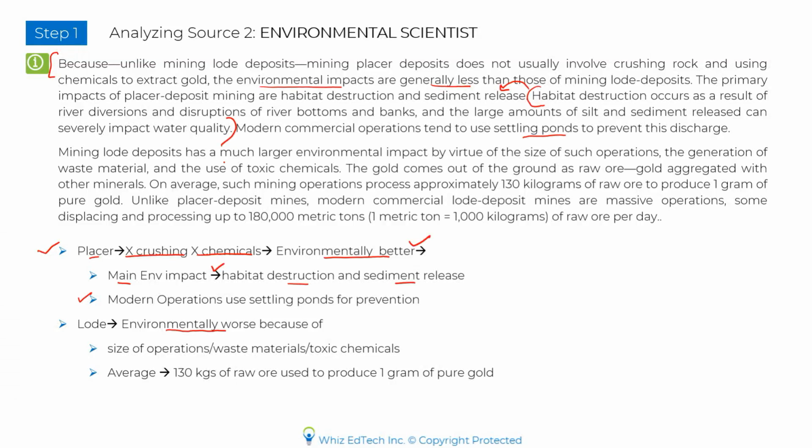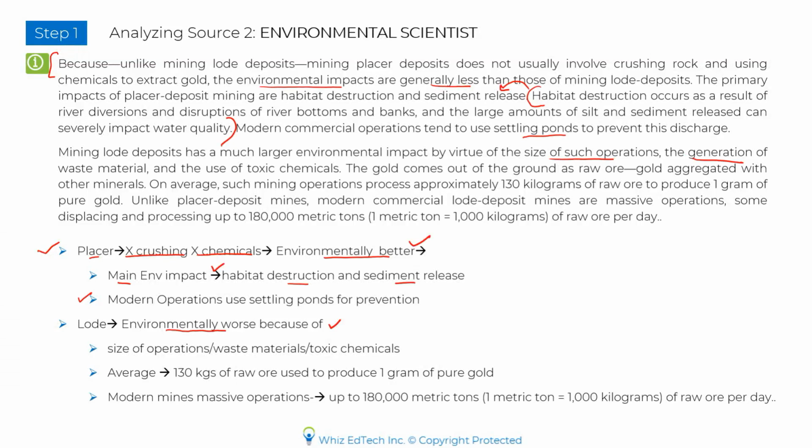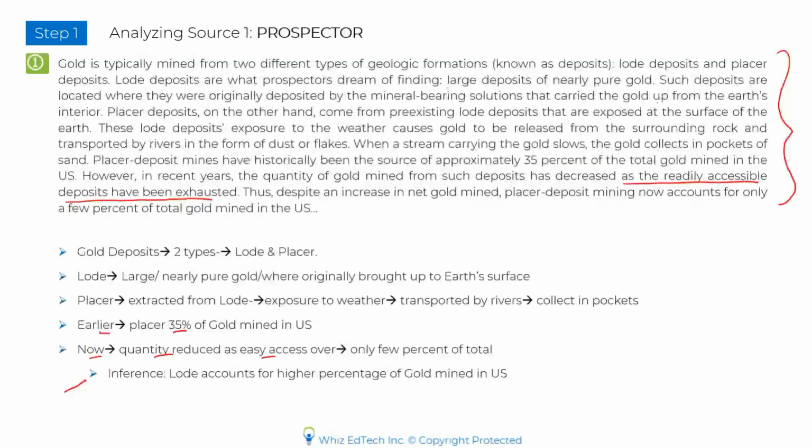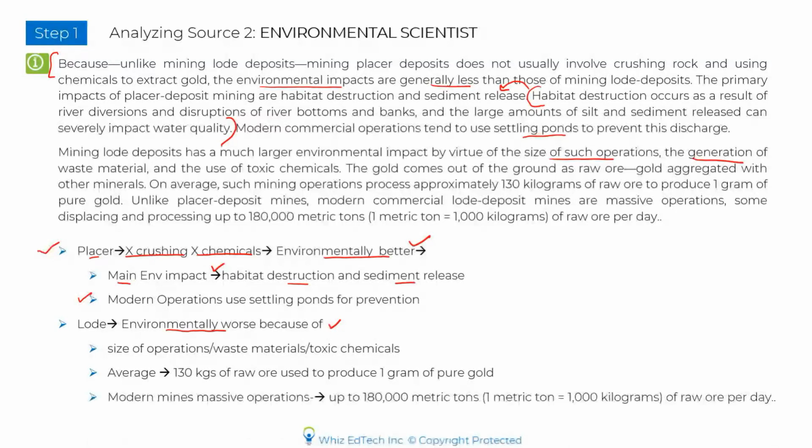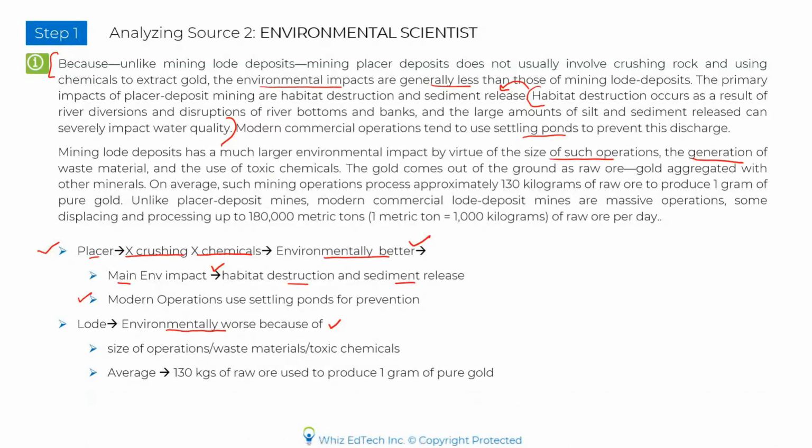Mining lode deposits has a much larger environmental impact. We already know this by way of inference. And why does it have that? Because by virtue of size of such operations, generation of waste material, and sorry guys, once again, toxic chemicals.